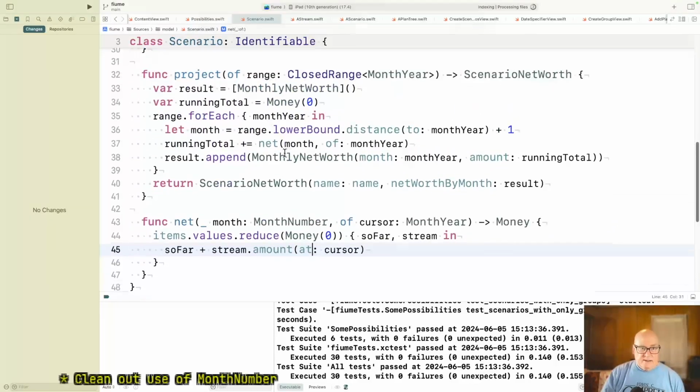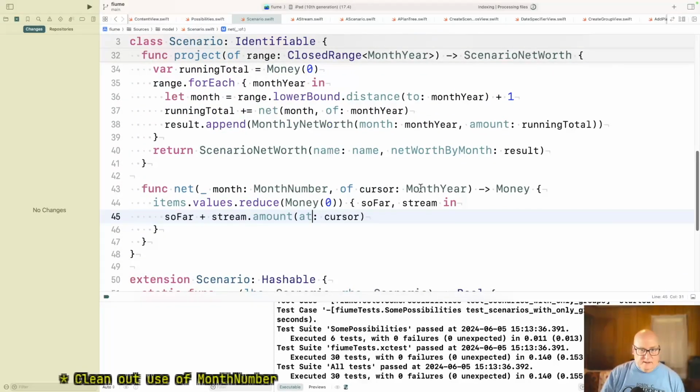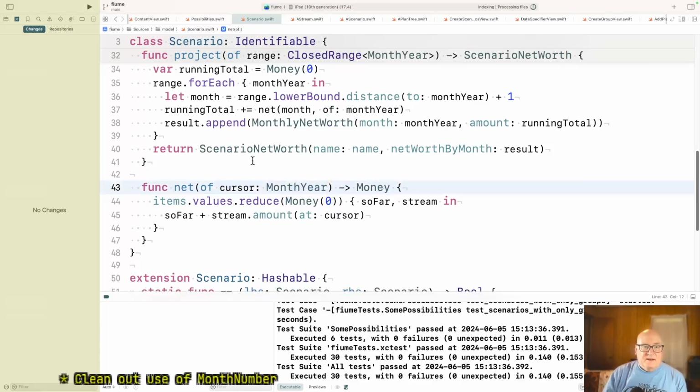So now we got scenario. Well, we got this net function, and it does not use month. So let's take this out. And again, like IntelliJ, this is delete parameter, and then it just does it on all the callers. All right, and so this is month.